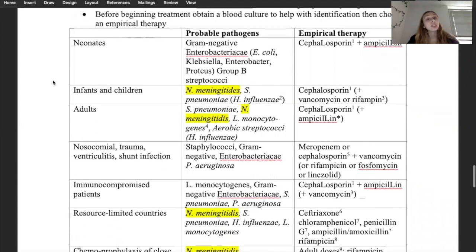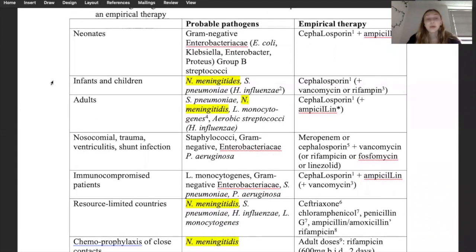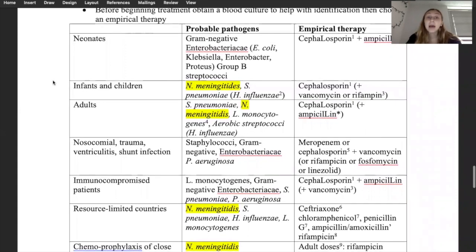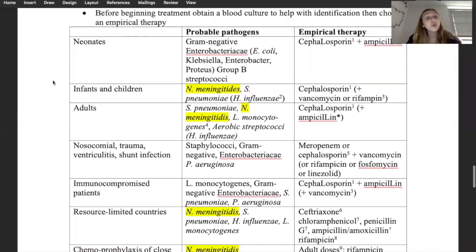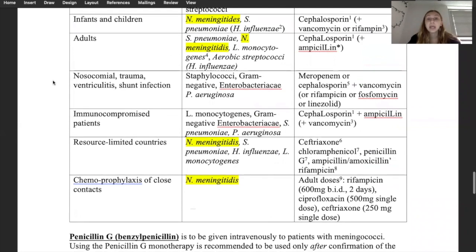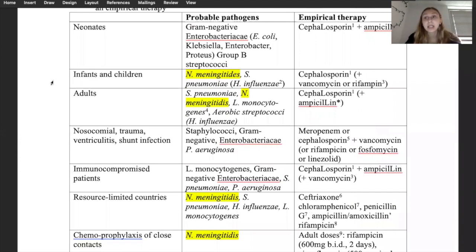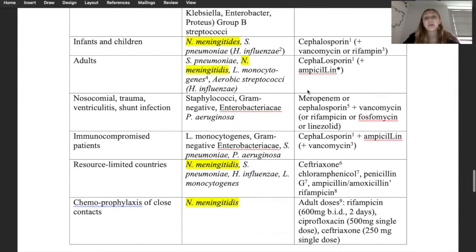If you look at this chart, this is an example of empirical therapy. On the left, there are different age groups and also other conditions that a patient might be in. And in the middle, we have the probable pathogens. I've highlighted the Neisseria meningitidis, which is what we're focusing on, and then some empirical therapies.